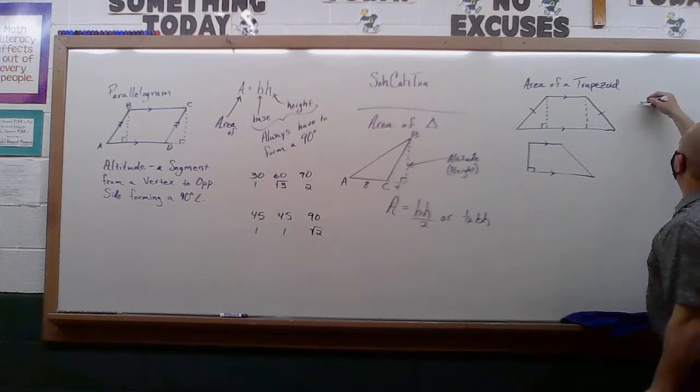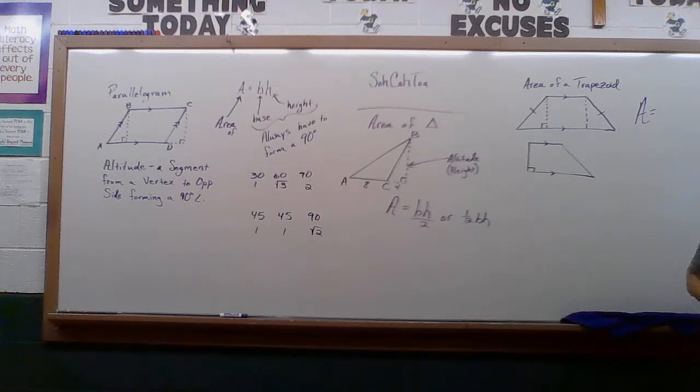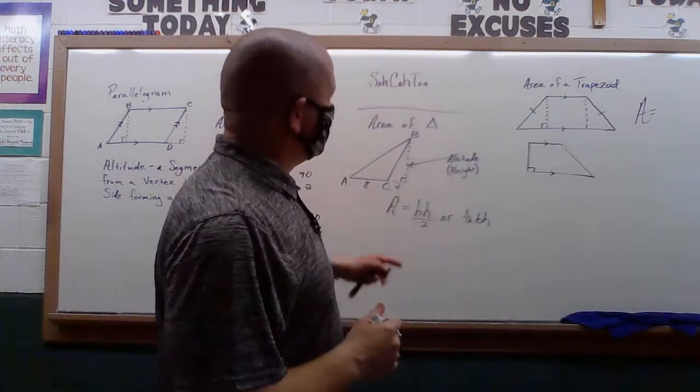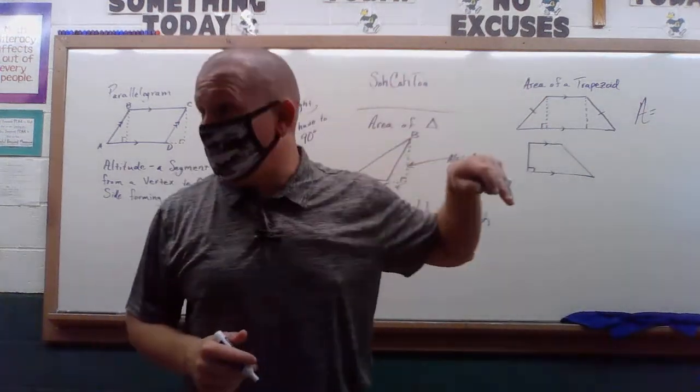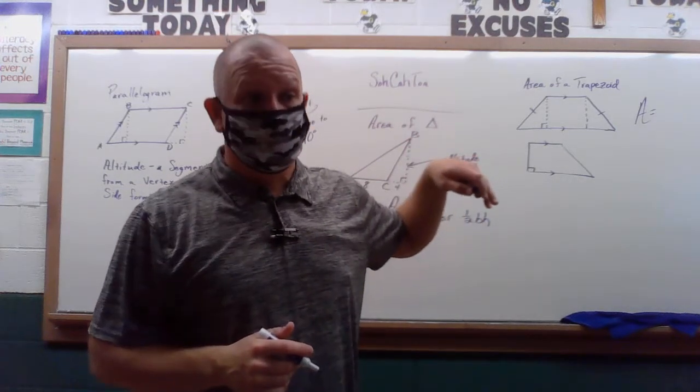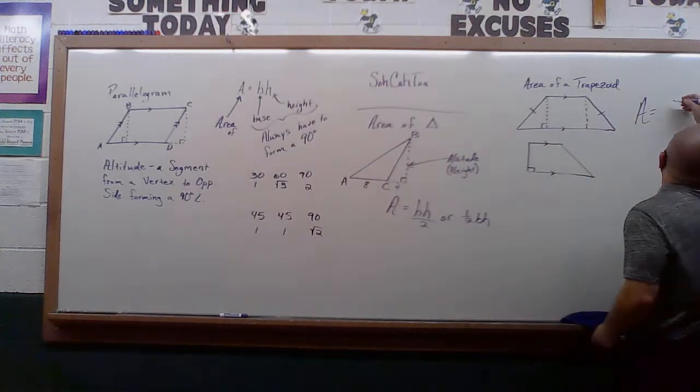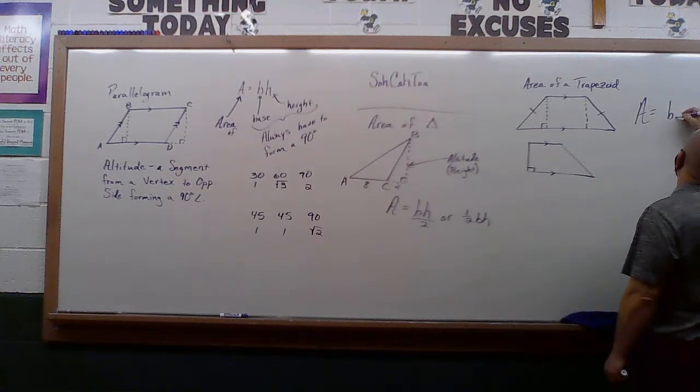So, as we still have capital A, and as Bo said, the two sides that are opposite of each other that are parallel, a lot of the times we call them what? The bases, because again, it looks like they're sitting on them. So we're going to have B1 and B2.